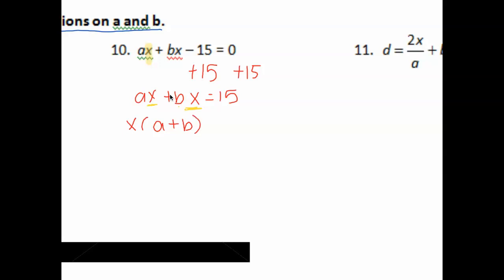So we're doing the distributive property in reverse. We're taking out that GCF. So we bring X out. That leaves A plus B equals 15.